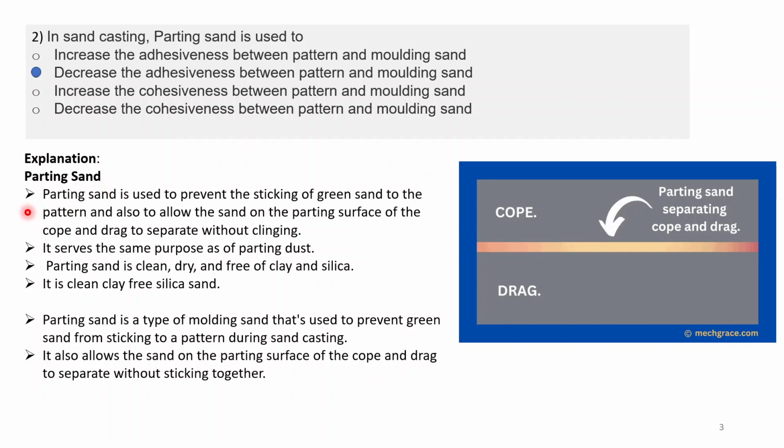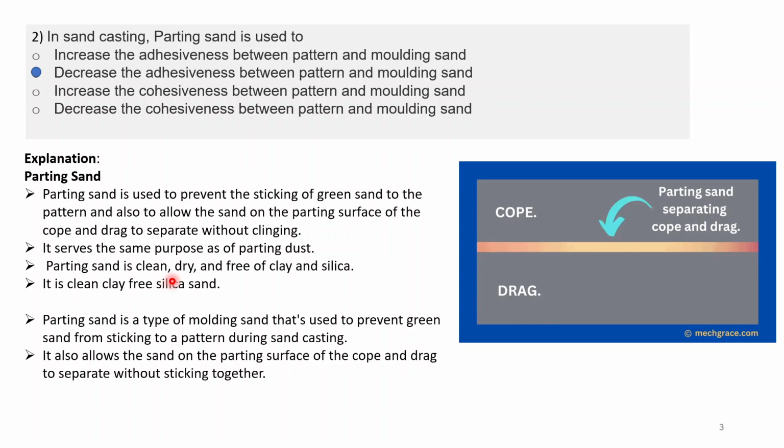The parting sand is used to prevent the sticking of green sand to the pattern, and also to allow the sand on the parting surface of the cope and drag to separate without clinging. It also serves the same purpose as the parting dust.